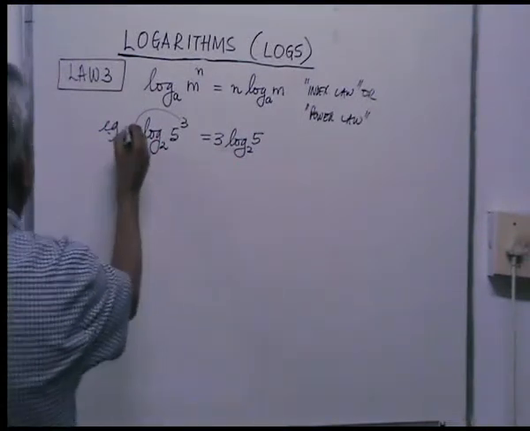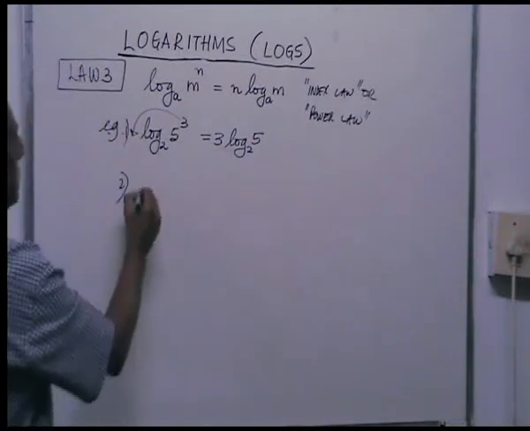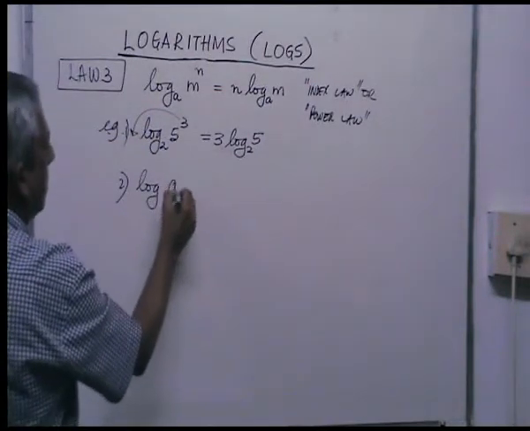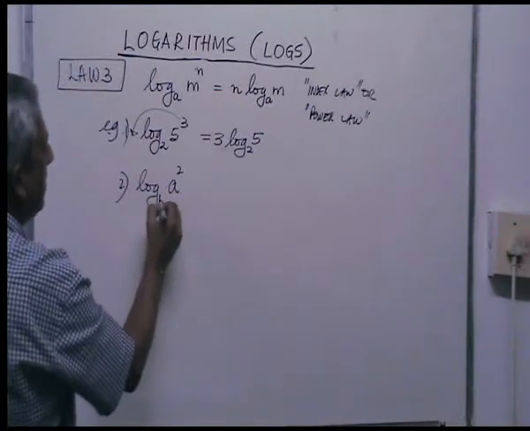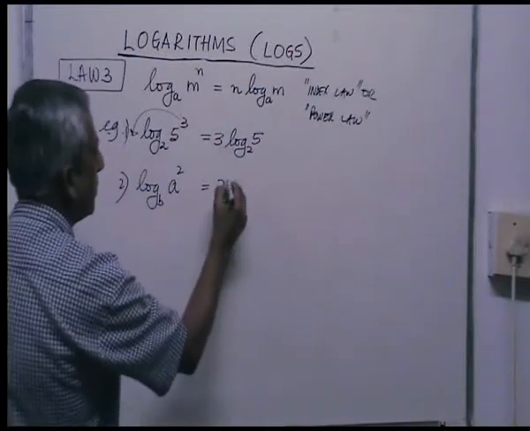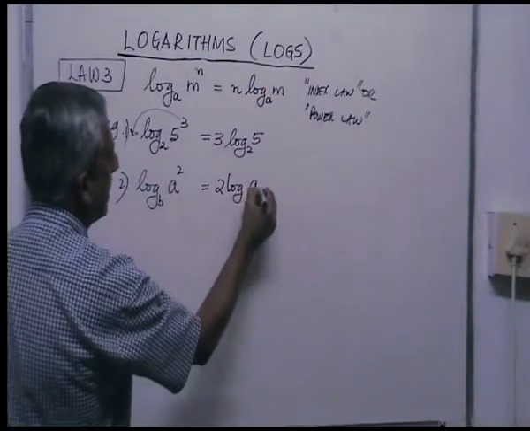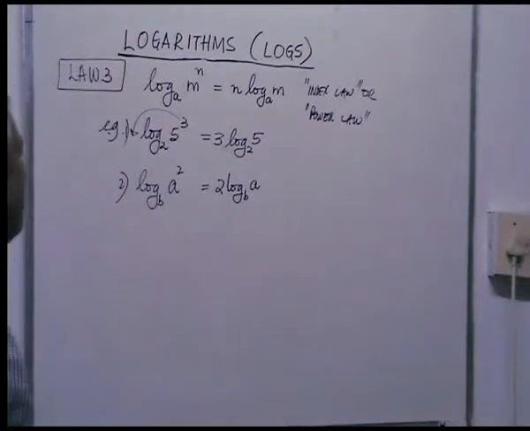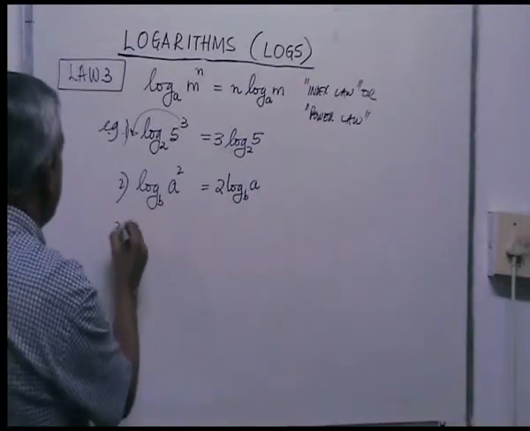Let's do another example. Log of a squared to the base b. Well, that index 2 will come to the front. So the answer will be 2 log a to the base b. Let's do another example.